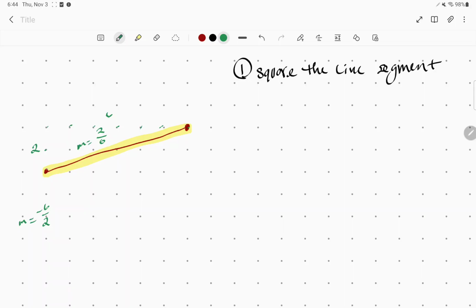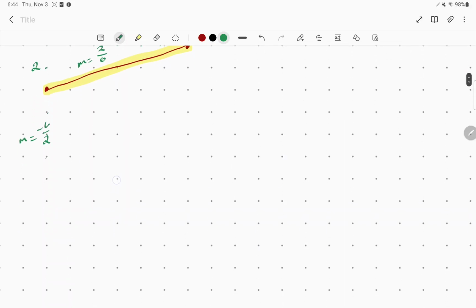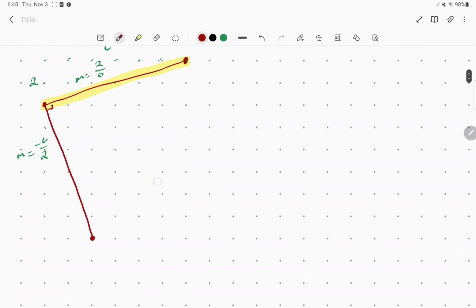So from this point here, we're going to go down 1, 2, 3, 4, 5, 6, and then over 1, 2, and we're going to put another point right there. Now when I connect these lines, those 2 line segments will be at a right angle, okay? Because they are opposite reciprocal slopes.